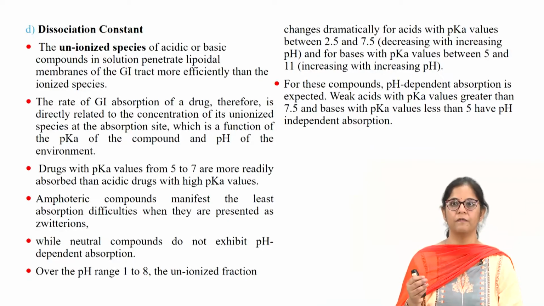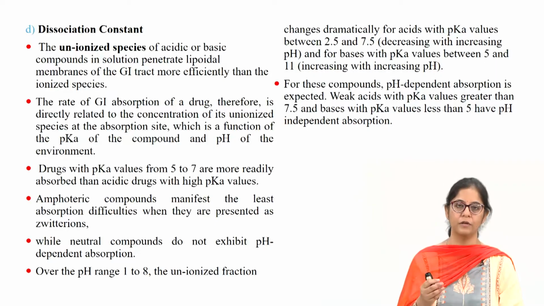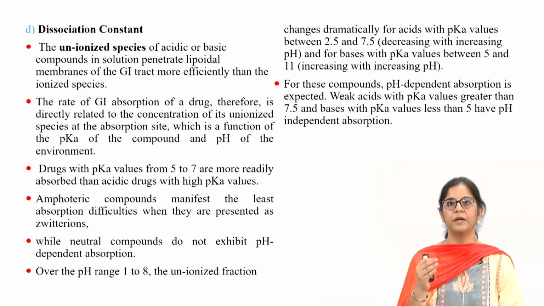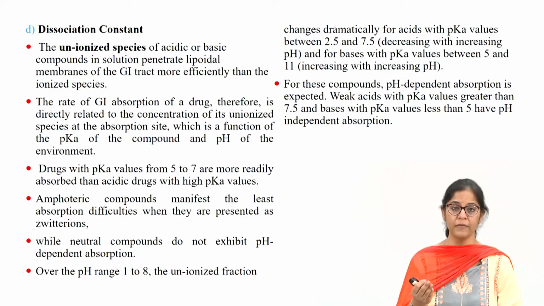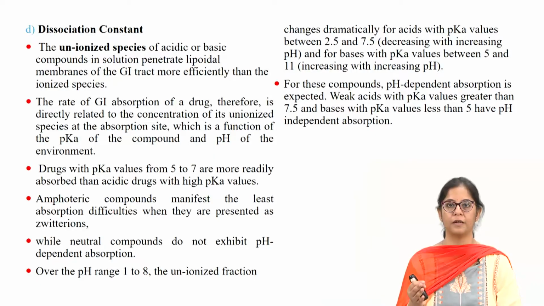Amphoteric compounds manifest the least absorption difficulties when they are presented as zwitterions, while neutral compounds do not exhibit pH dependent absorption. So, depending upon the pKa value, we have to decide a specific pH at which the drug can be absorbed, and hence its site of absorption needs to be determined.